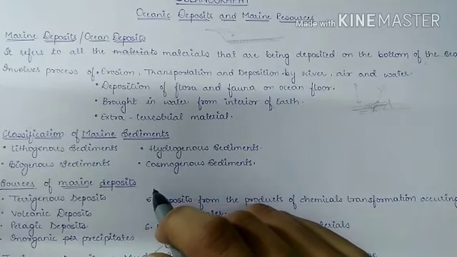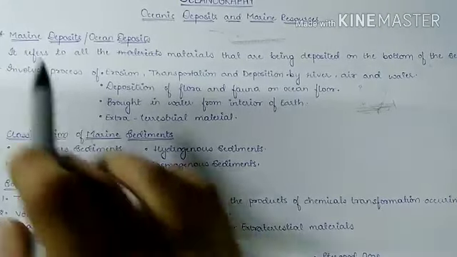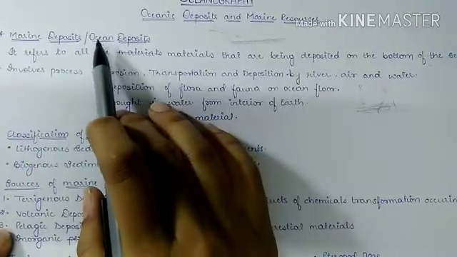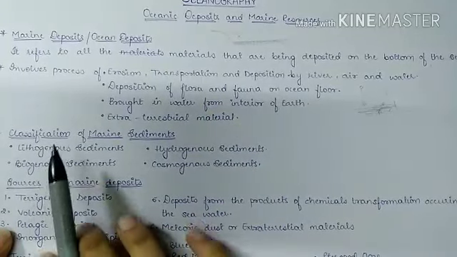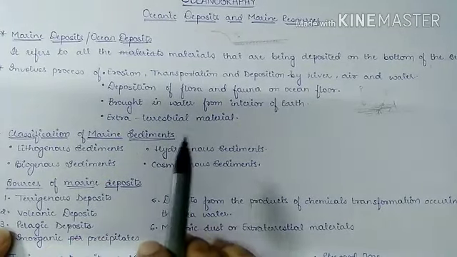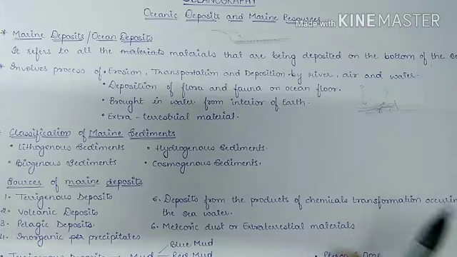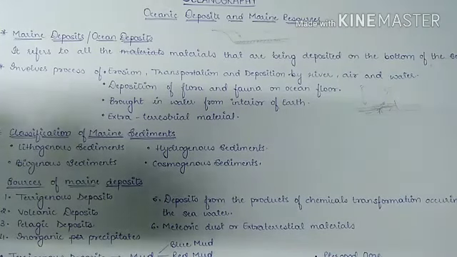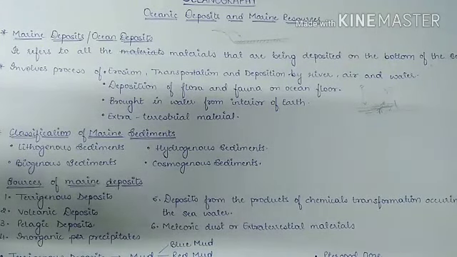Now as we have seen the definition and introduction of oceanic deposit, we will look into the classification of marine sediments. Marine sediments are derived from many sources, but there are four basic sources: rock, organic material, water, and the cosmos. In fact, the fundamental classification of marine sediments is based on their origin.